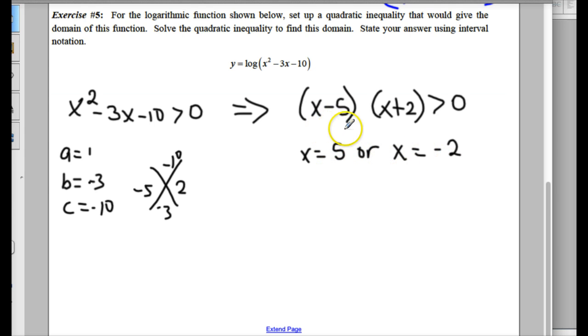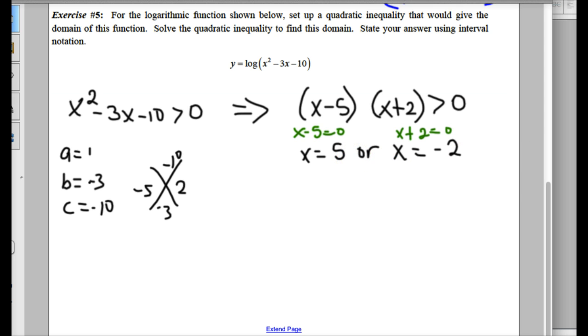What I did from this step to this step was say x minus 5 is equal to 0, x plus 2 is equal to 0, and I got these answers. So I need to do some tests. So x has to be -2, and then x has to be 5.